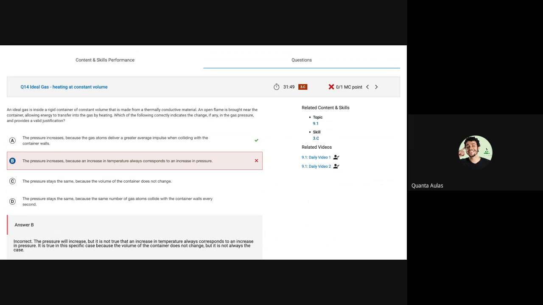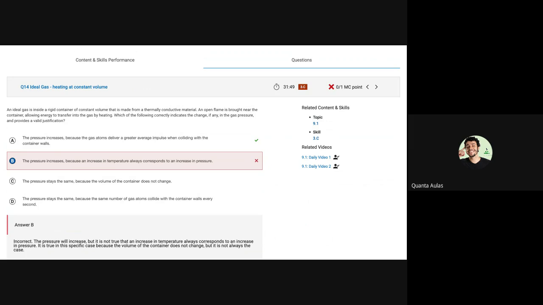So the option A, the pressure increase, this is right, because when the temperature increases, the mean kinetic energy of the atoms increases too. So the atoms hit the walls of the system with more force, more intense, right? So this increases the pressure.